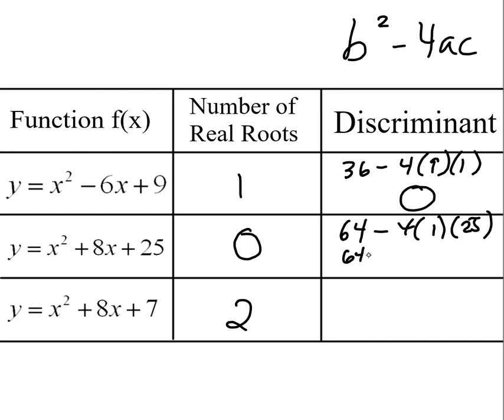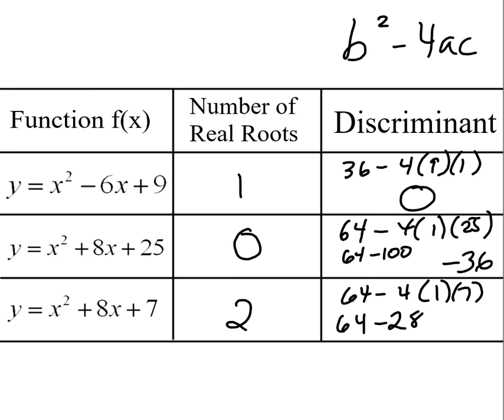And so we'll have 64 minus 100, which is negative 36. That means if I did the quadratic formula, I'd get the square root of a negative. That's resulting in no real roots. And then the last one, I get 64 minus 4 times 1 times 7, 64 minus 28, which is positive 36.